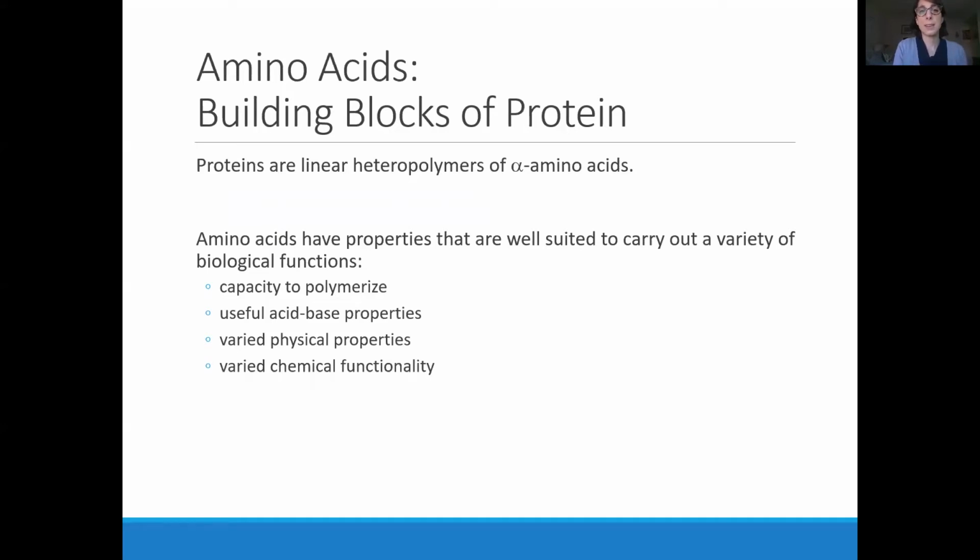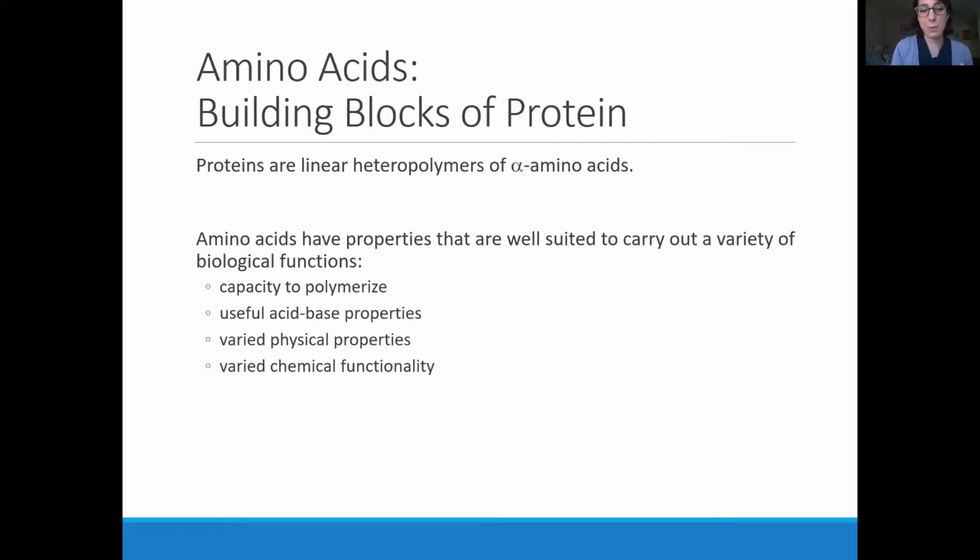Now, amino acids are an important part of this story of proteins. And we're going to start with talking about amino acids and their connection to proteins because they are the building blocks of proteins. Proteins are just polymers. They are a linear heteropolymer of amino acids.